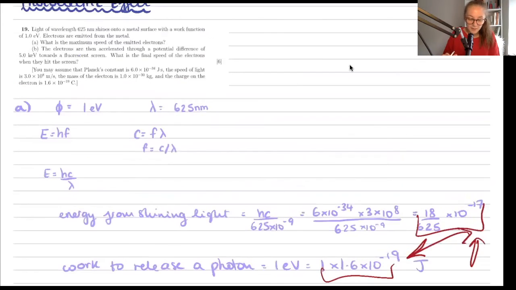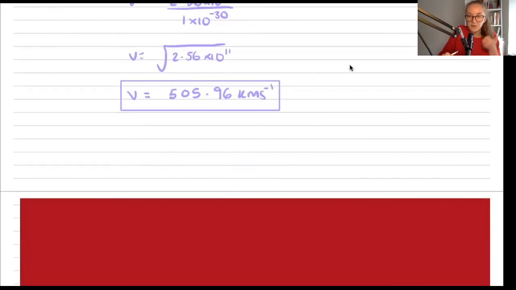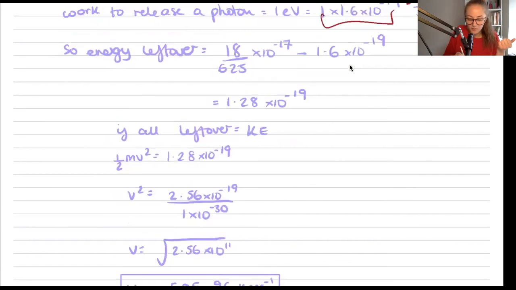Okay, so the next part asks us, the electrons are then accelerated through a potential difference of 5 kilo electron volts towards a fluorescent screen. What is the final speed of the electrons when they hit the screen? So this time we have that leftover kinetic energy that we worked out before, this 1.28 times 10 to the minus 19.